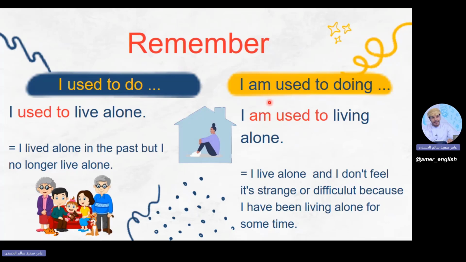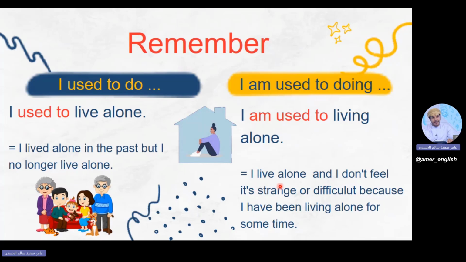The other one, I'm used to doing something, like this one. I'm used to living alone, like this girl. She is living alone in her house. So when you ask her why she is living alone, she would answer, I'm used to living alone. So it means it's okay for me. I can live alone, no problem.